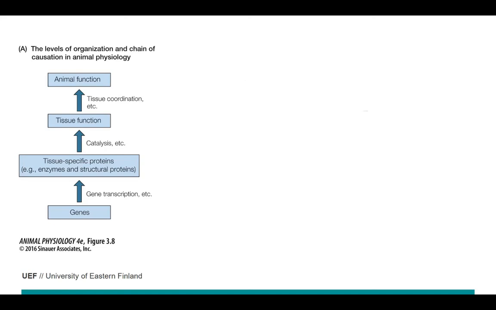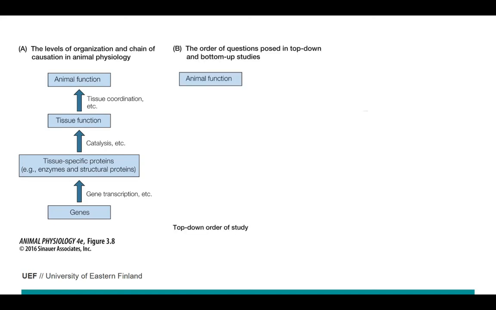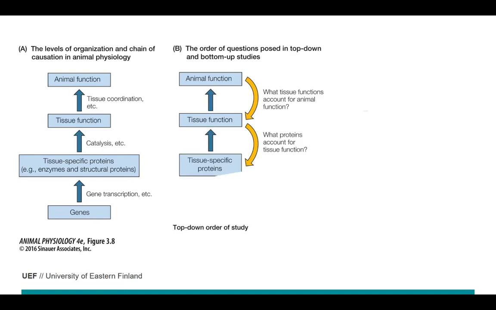But still, when we are doing the research, we see that this animal is functioning like this, so it's running fast. Which kind of tissues are affecting the running? Well, the muscles. And which kind of proteins make these muscles contract? And then what kind of genes are involved in these contracting proteins? So it's a top-down order of study.